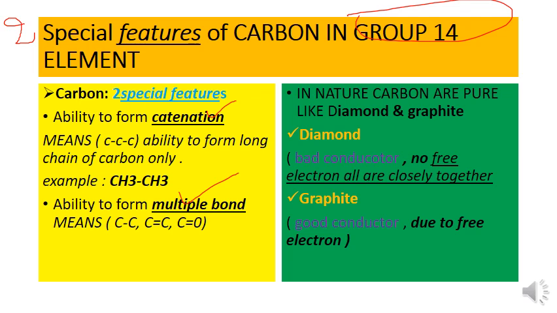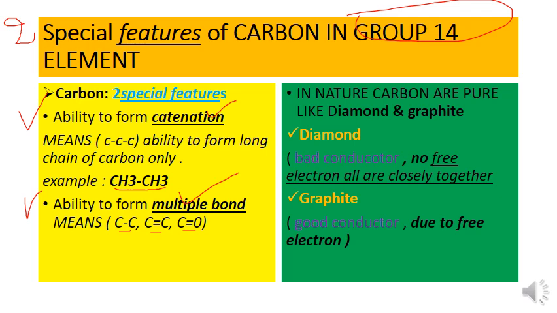Catenation is the ability of carbon to form a long chain of carbon only. For example, ethane, where the chain is composed of carbon and carbon. We also have the ability to form multiple bonds: single, double and triple.